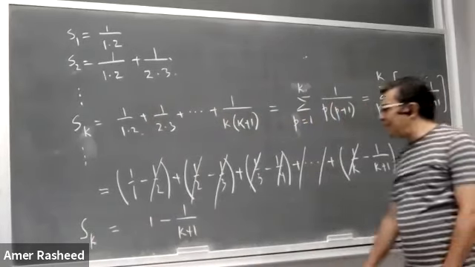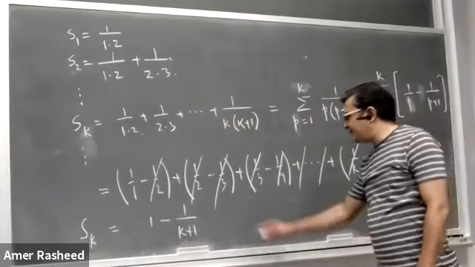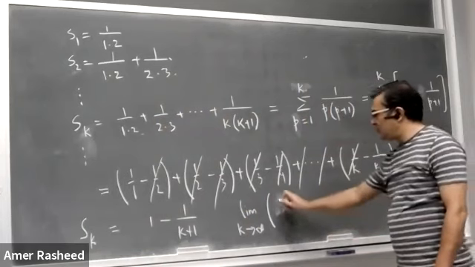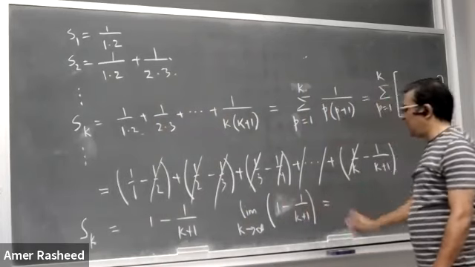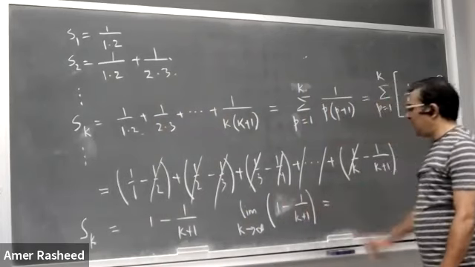Now, if we take the limit on both sides, limit as k goes to infinity of 1 minus 1 over k plus 1. As k goes to infinity, 1 over infinity is 0, so we get 1.